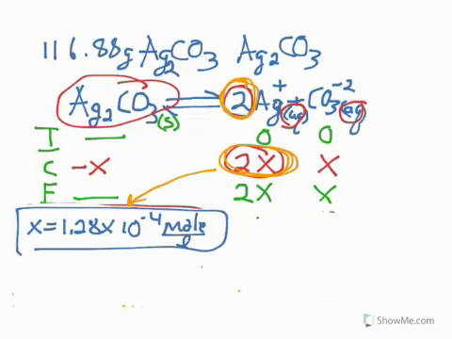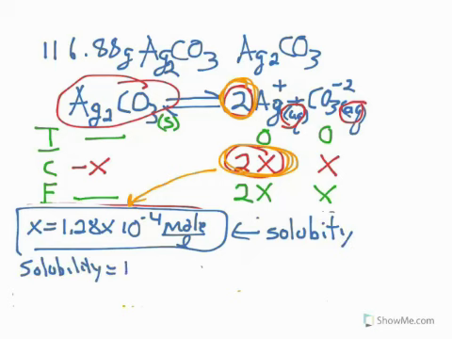So what is the solubility? This is a solubility. So the solubility will be equal to 1.28 times 10 to the minus fourth moles of silver carbonate per liter solution.